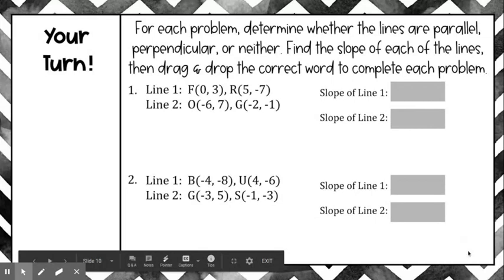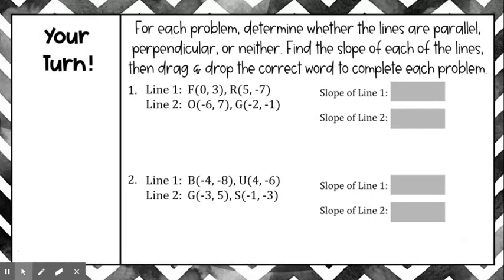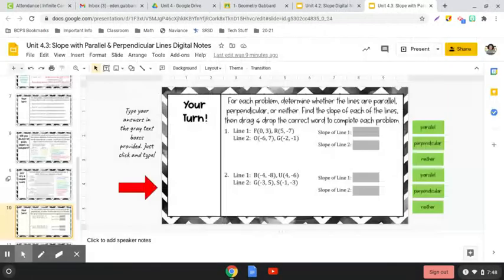So here, you're going to use the two lines for each of these problems, find the slope of each of the lines, and then drag and drop the words over here that complete each problem. You have the option of them being parallel, perpendicular, or neither on either one of these.